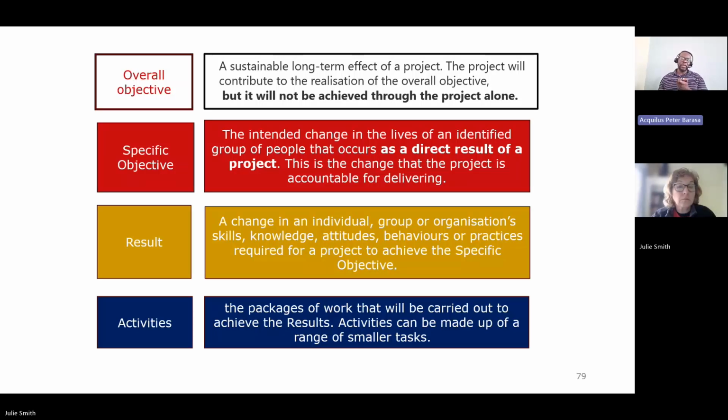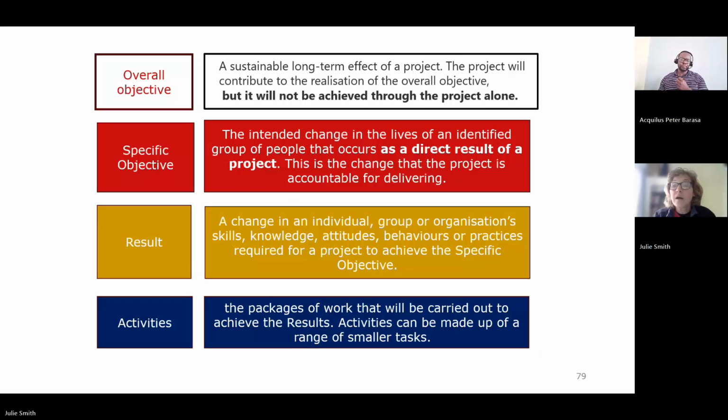For example, run a media campaign or support women to get vocational training. Activities can be made up of ranges of smaller tasks: identify women, organize the training providers, organize transport, etc. So those are the CBM terms.